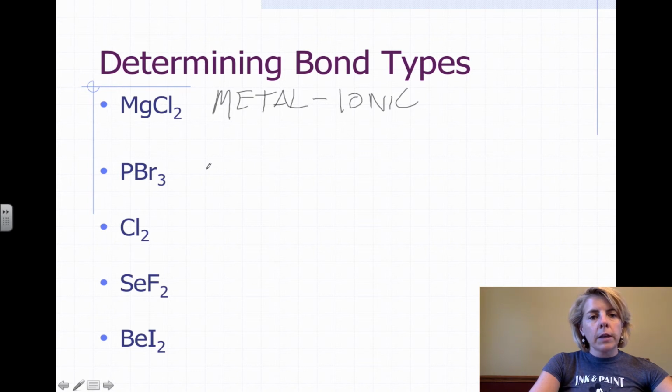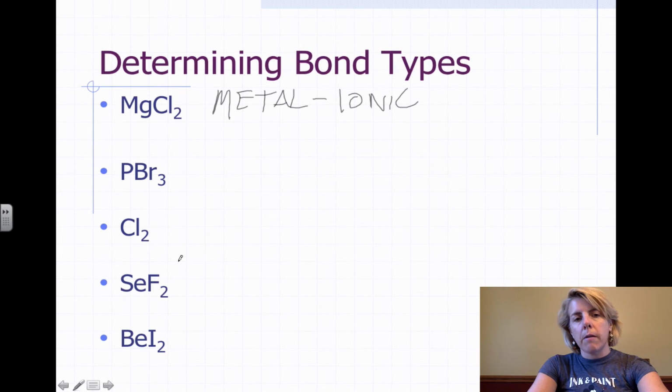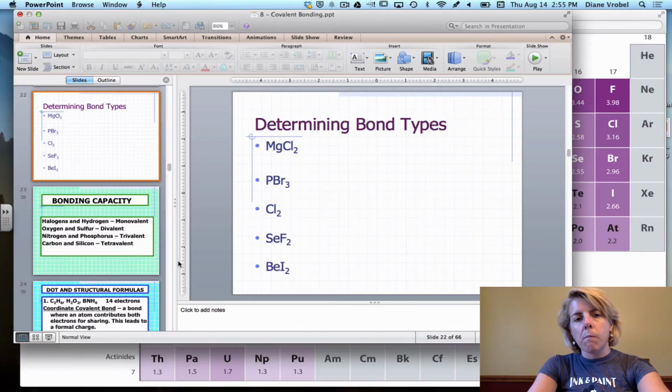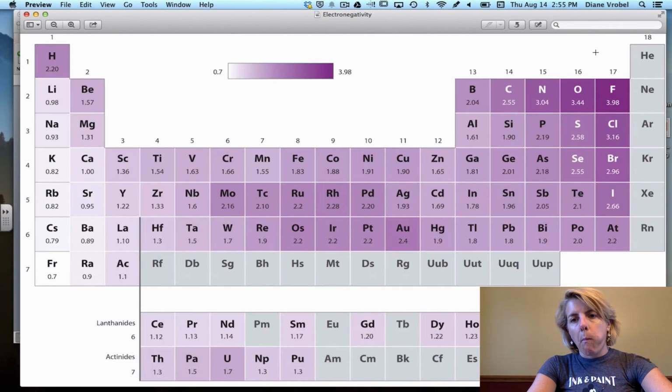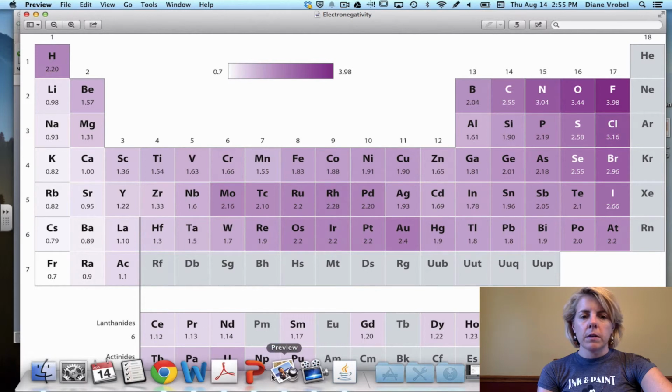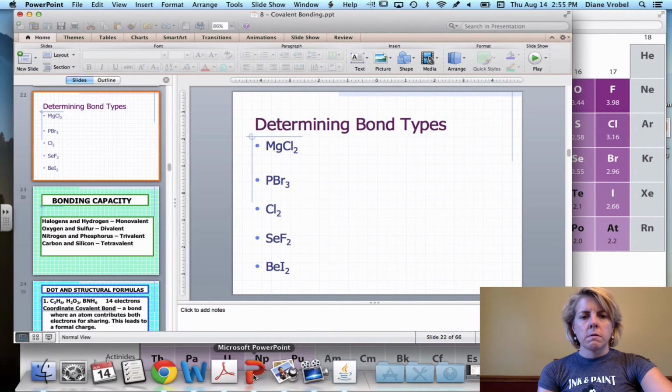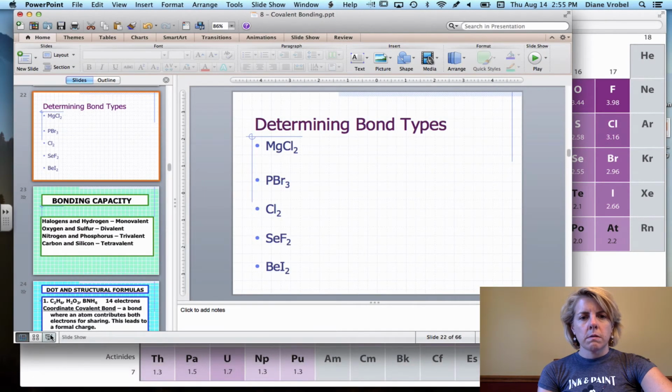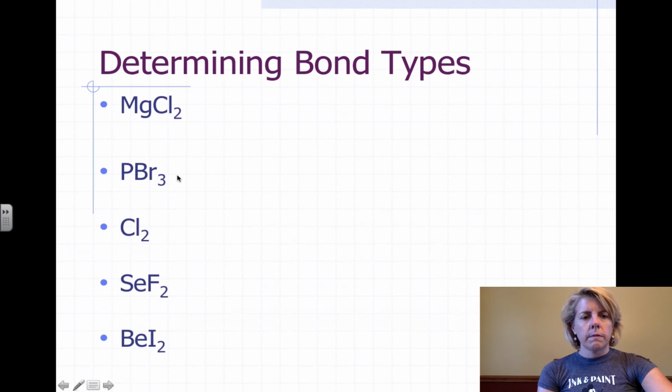Okay, let's look at PBr3. So PBr3. Okay, so we have 2.19 and 2.96. They're both nonmetals. So we're not even looking at any metals. So the question is, what is it?